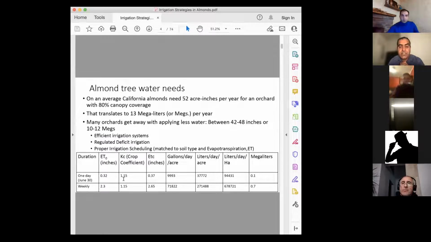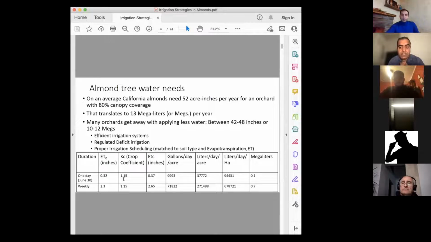In the recent years, we have much more hotter years. We have a lot of days with low relative humidity. So low relative humidity, high temperature increases vapor pressure deficit, and that increases evapotranspiration. So there are a lot of factors.